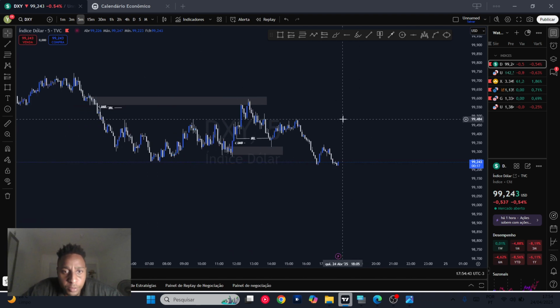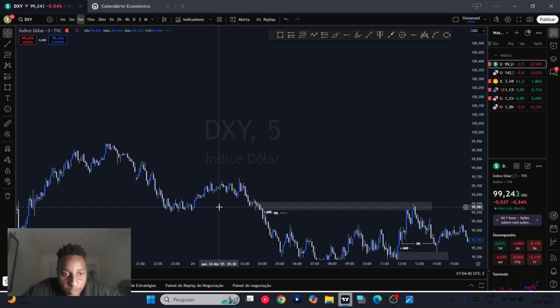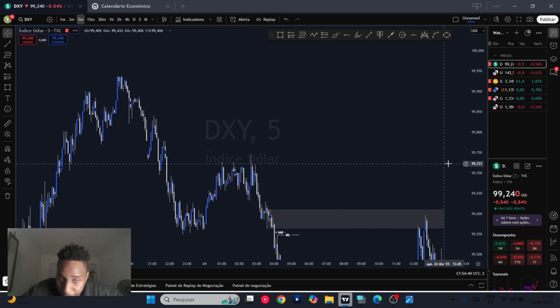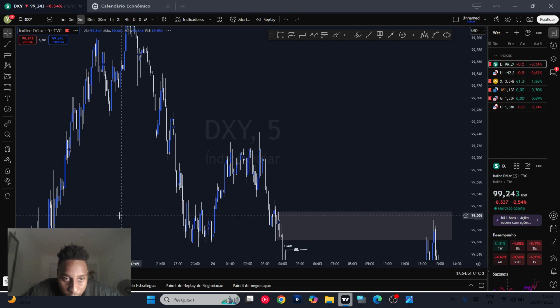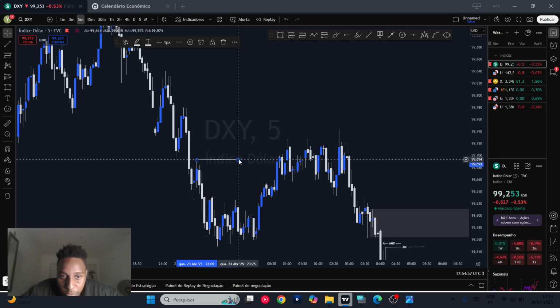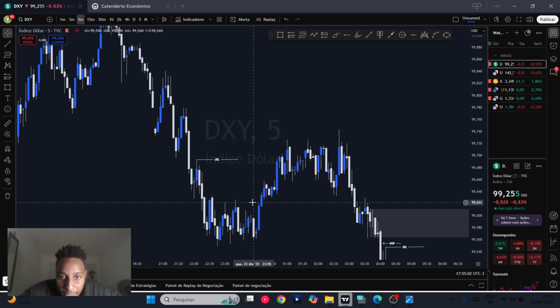Same example. Let's look for something. Let's notice something. Price here, I agree, created internal range liquidity. But price came in the retracement move and moved back a little bit.